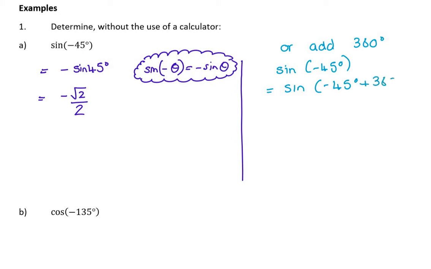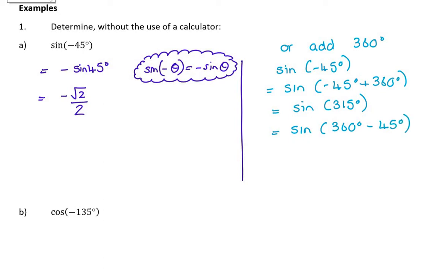And if I add 360 degrees, that's the same as sine 315 degrees. Now sine of 315 degrees is not a special angle, but don't worry, I can do reduction. So this is the same as sine, and I'm going to rewrite 315 degrees as 360 minus 45.